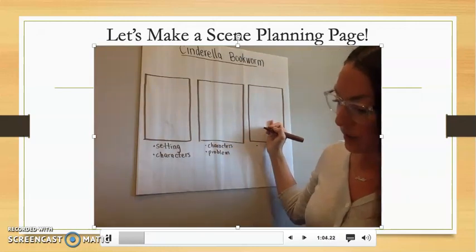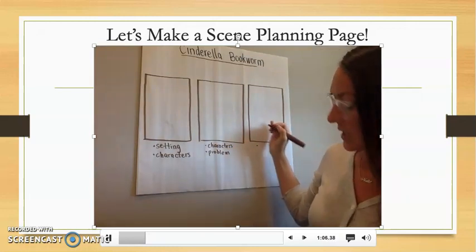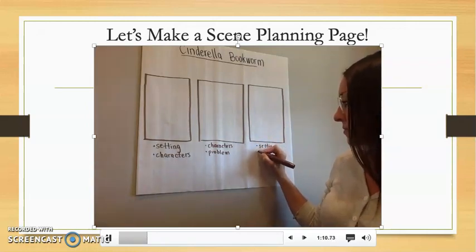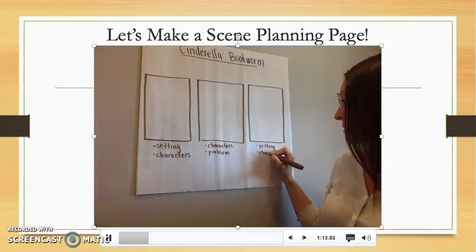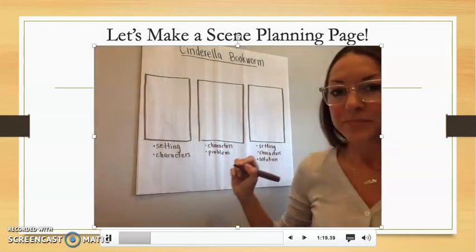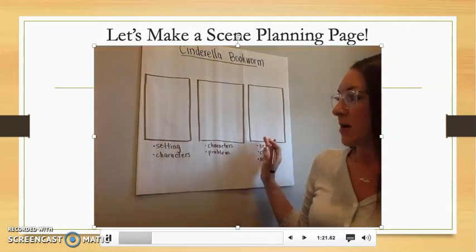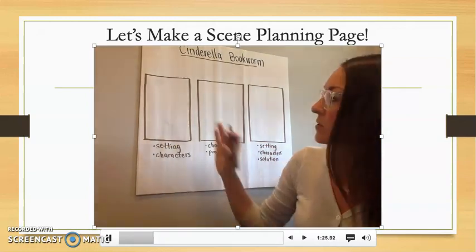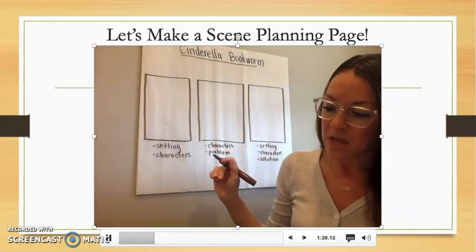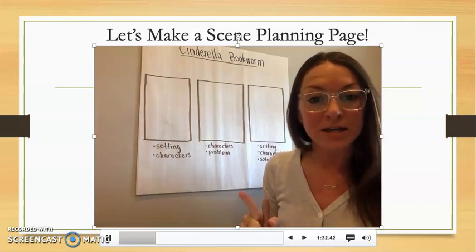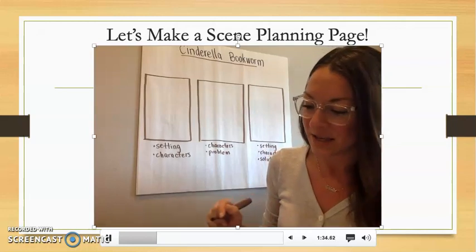And for the third one, I want to make sure that I show the setting, definitely the characters, and I want to show the solution. Okay, so now that I've planned it out, it kind of gives me an idea of how I'm going to get going with my 3 scenes. Remember, this is not art, this is writing, so it doesn't have to be perfect. Just try your best.